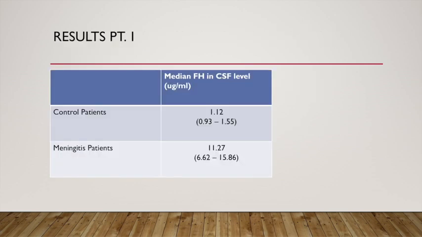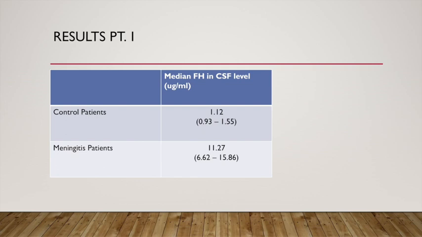For the results section, in the cerebral spinal fluid, we were able to obtain different levels of factor H. First, we see in the control patients who did not have any meningitis, we saw a median level of 1.12 micrograms per milliliter, ranging between 0.93 and 1.55.